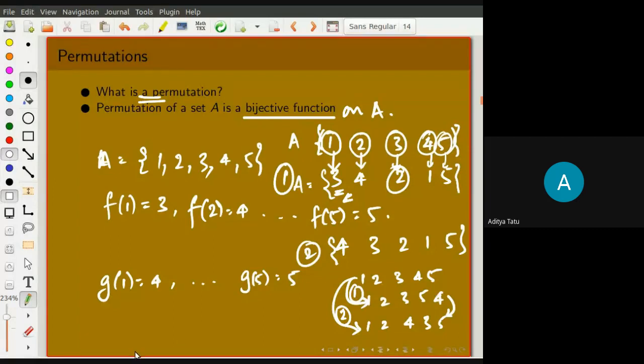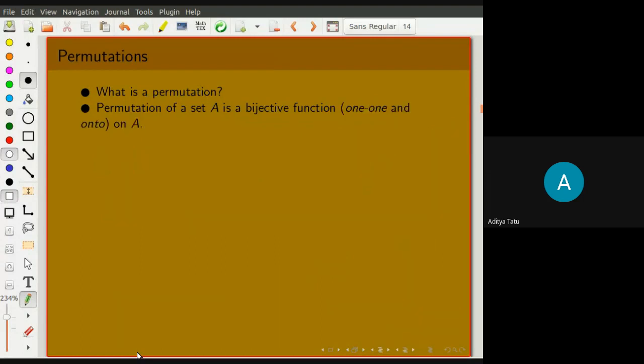Okay, so I hope I have convinced you, hopefully not by force, that a permutation of a set A is nothing but a bijective function on that set. The next obvious question: I hope you know all these terms.